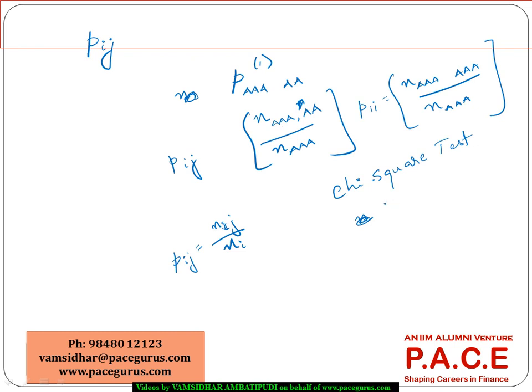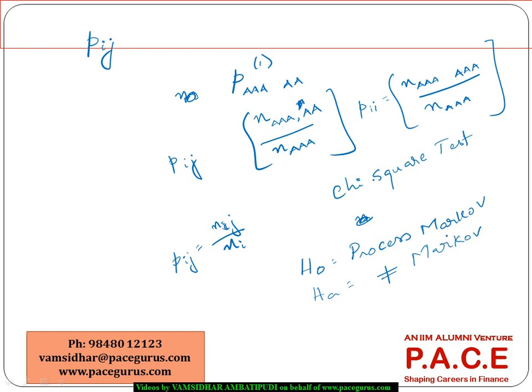We are looking at whether the data from 2 years back has any influence on the current one. That is what tests the Markovian property. So here we make a null hypothesis saying that the process exhibits the Markovian property, whereas the alternate hypothesis says the process does not exhibit Markovian.